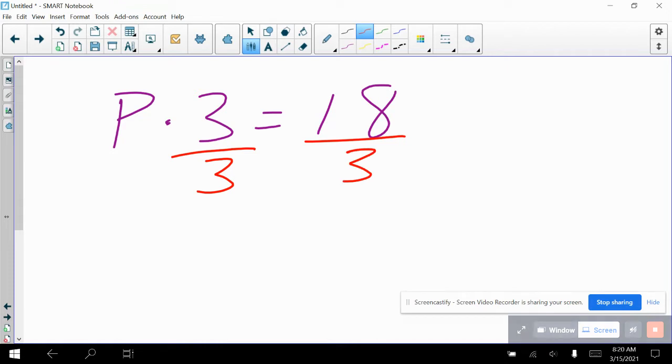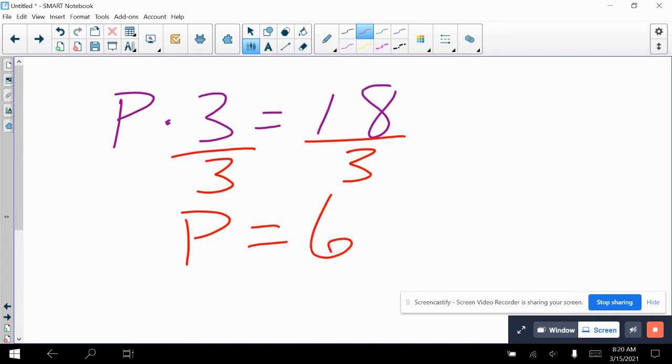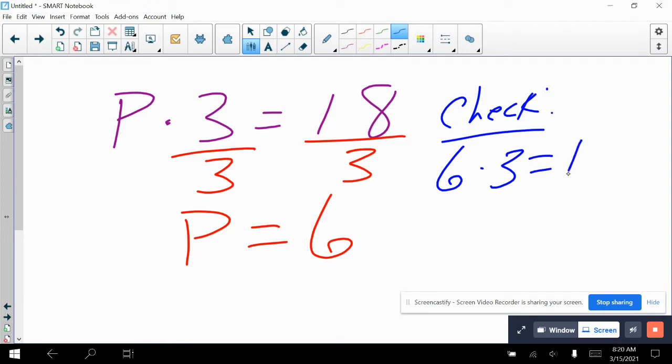So we're going to divide by 3, the number on the side of the variable, right? So over here we get p is equal to 6. As you can see, multiplication is pretty easy. So if we plug in our solution for p, which was 6, again, we get 18 is equal to 18.